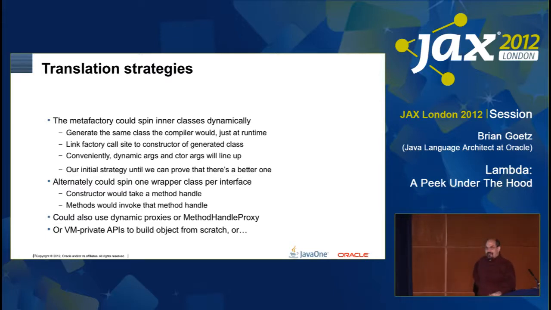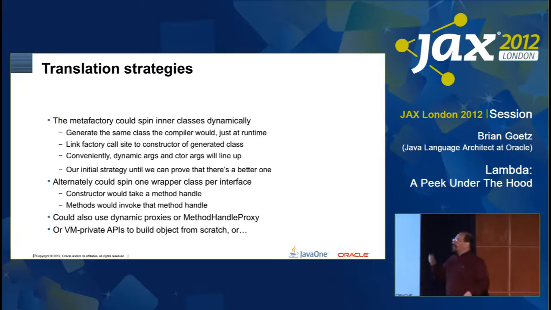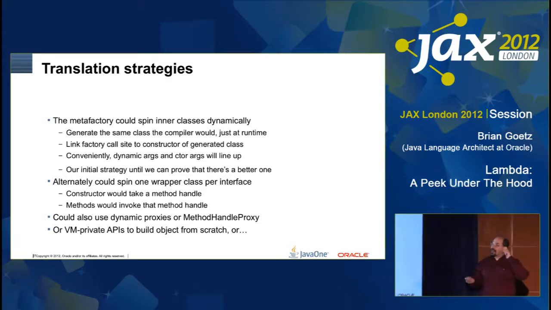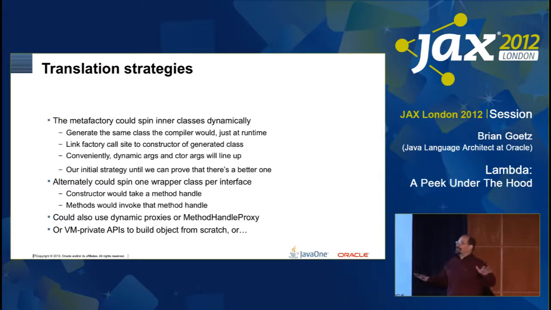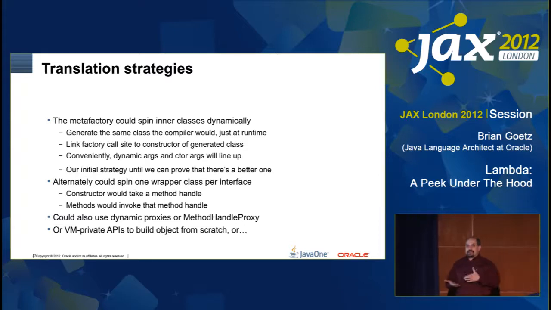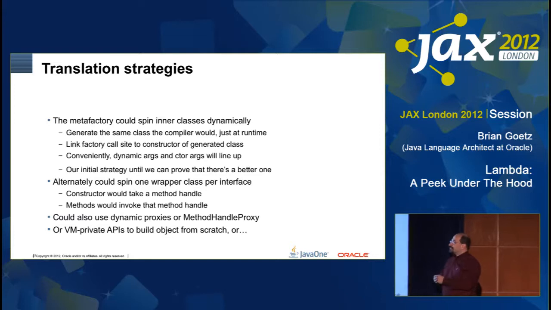This does have some of the disadvantages that the inner class approach has, because we're generating basically the same bytecode, but it has the advantage that we're not stuck doing this forever. And then we link the Lambda factory site to the constructor of that inner class, which just by absolute coincidence has an argument list with exactly the same shape as the dynamic arguments of the capture. Like I said, this will be our go-forward strategy.